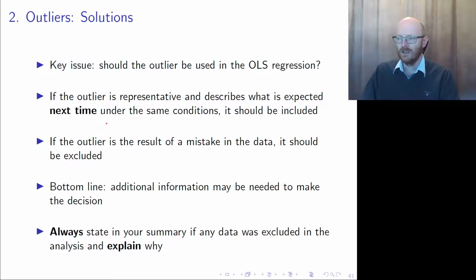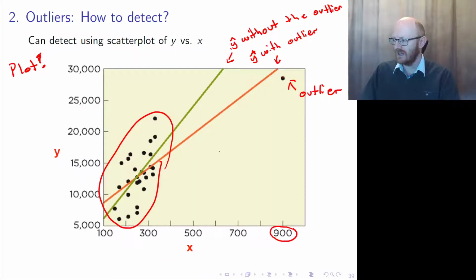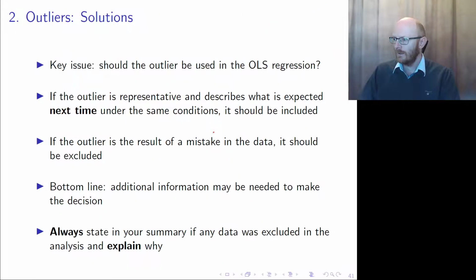So if the next time x is around 900, then the y value would be around 28,000 or 29,000, then you should keep it. But if the outlier is the result of a mistake in the data, it should be excluded.